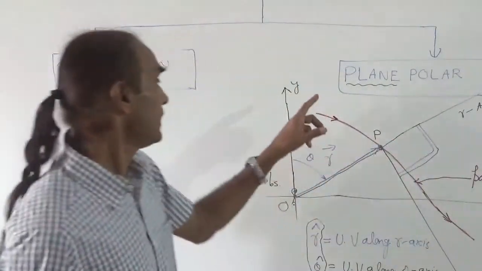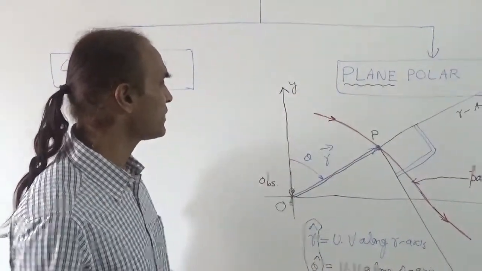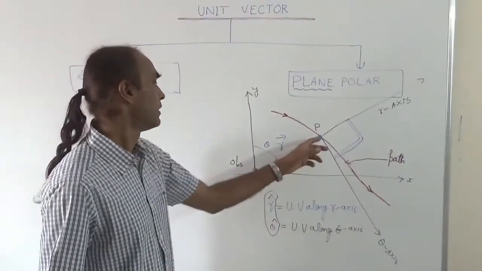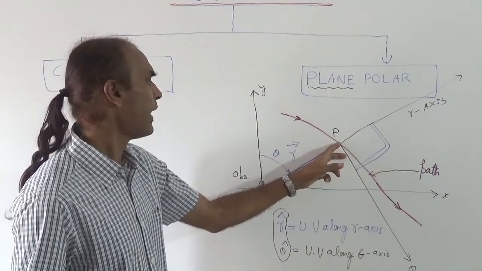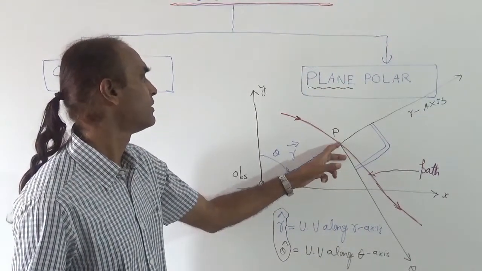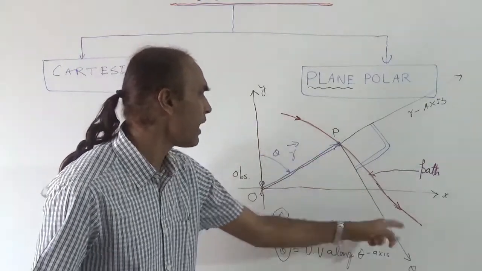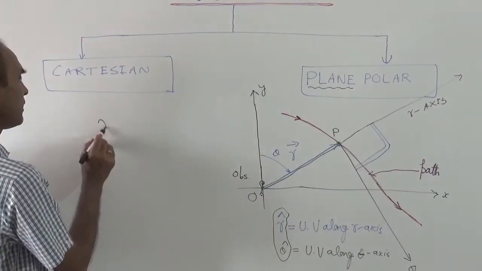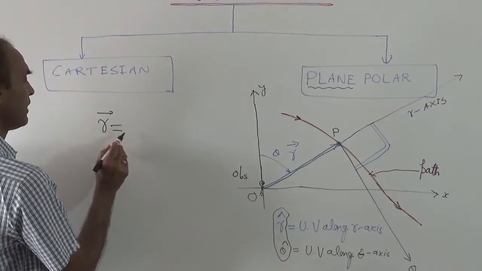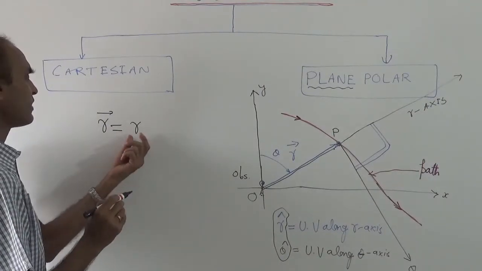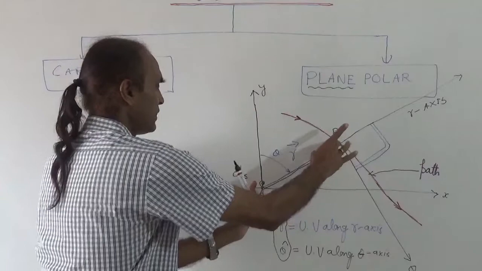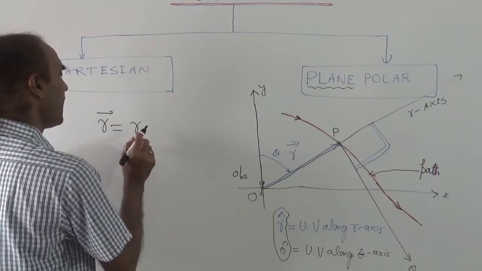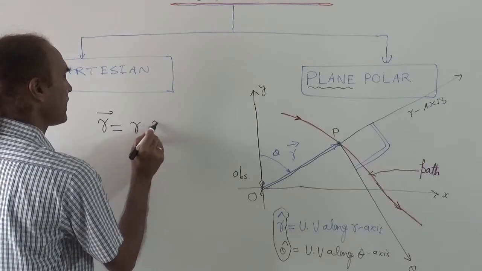Now we can see in the plane polar coordinate system, the red line is the path. This is the point or the particle or the object which is moving along this path. The position of the object is given by the position vector r as the product of its magnitude, the length of the vector, times its unit vector r cap.